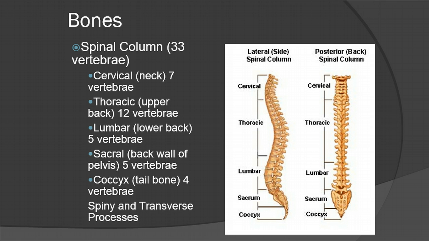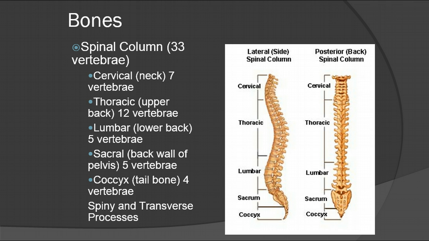We have the cervical spinal column, we have the thoracic, lumbar, sacrum or sacral, and coccyx or coccygeal. And the cervical is perhaps the most important part of the spinal column. It has seven vertebrae.